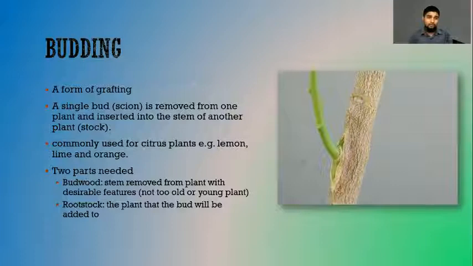The budwood should not be from a stem that is too old, nor should it be from a stem that is very young. And next, you need the rootstock. And the rootstock is the plant where you will add the bud to.